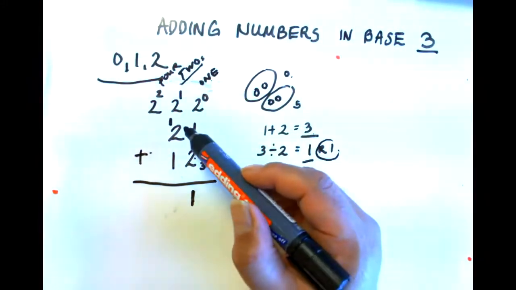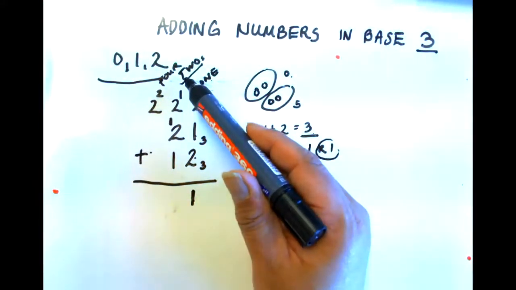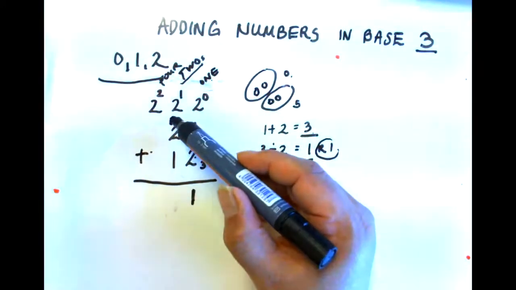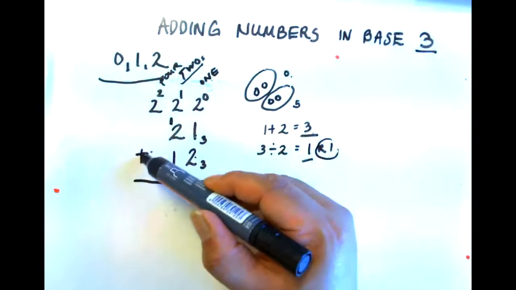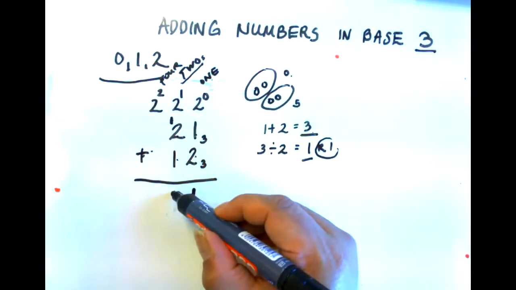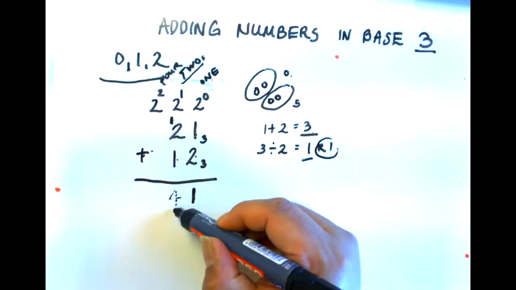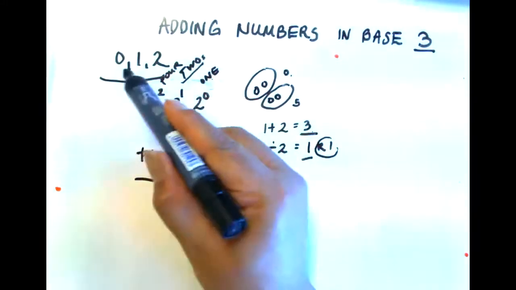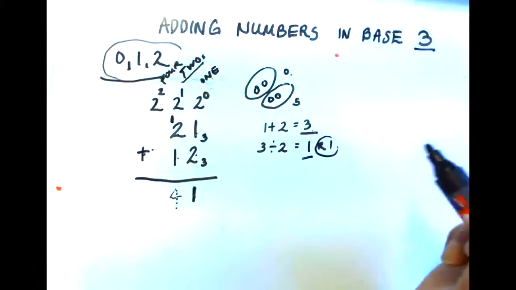And so we continue to the second place value, the 2's, and we have to say 1 plus 2 plus 1 is 4. Well, we cannot write 4, because we don't have the symbol.